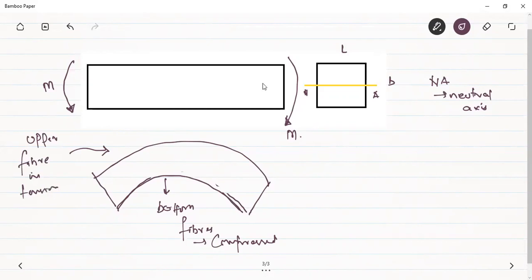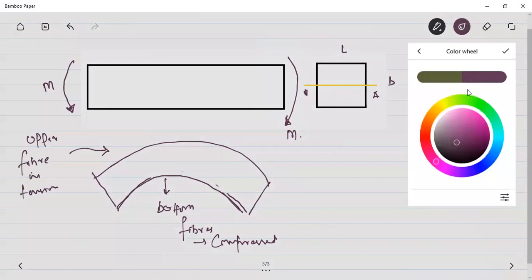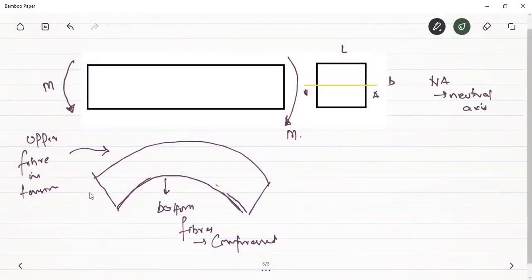But there is one layer that will be neither in tension nor in compression. That is the middle layer. This layer will be neither in tension nor in compression. It will remain as it was.